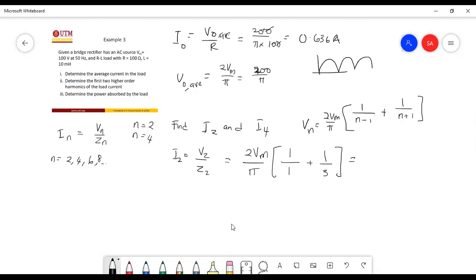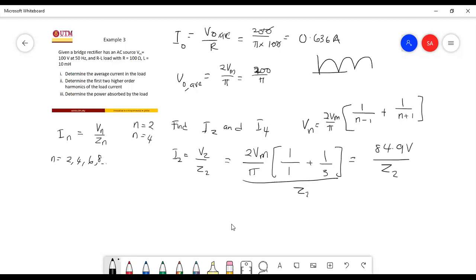Multiply with 2, multiply with Vm, which is 100, over pi. So you should get 84.9 volts over your Z2.